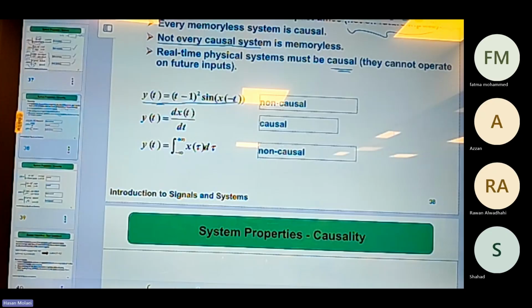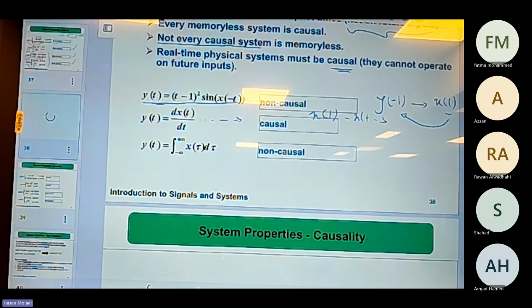Because if t is negative one, it will be one. y(-1) depends on x(1). This time is future for this time. How about this one? x(t minus something) only depends on the past time.